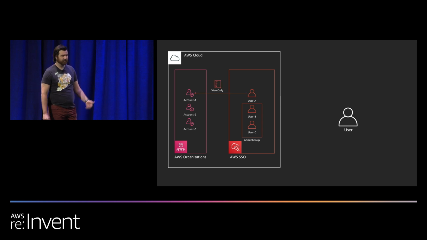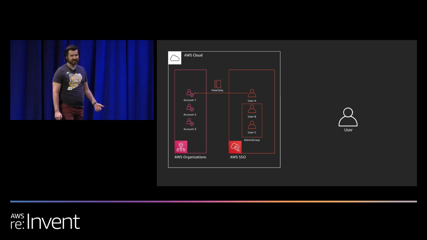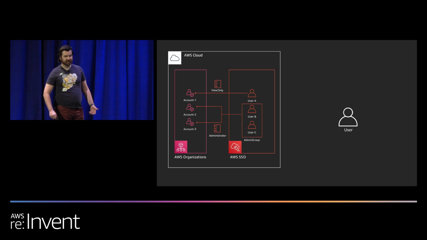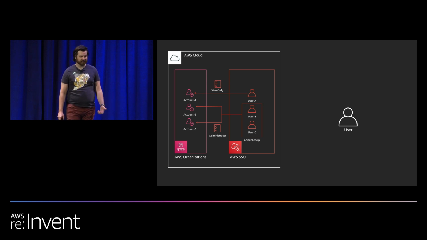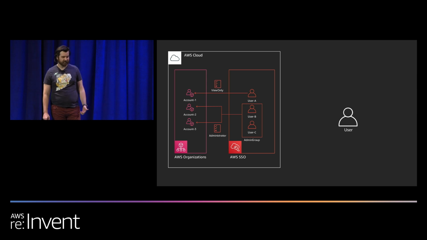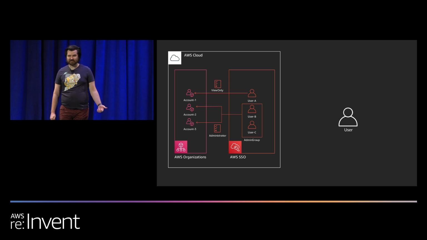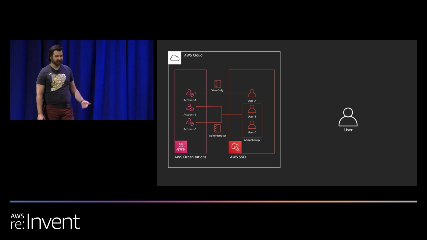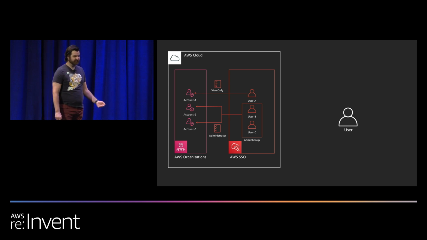So you can give view-only permissions for user A into account 1. You can give a group permissions to a set of accounts. So here we're giving administrator permissions for admin group to account 2 and account 3. What this allows is that any user inside of this group also has these permissions. So user B and user C will have administrator permissions.